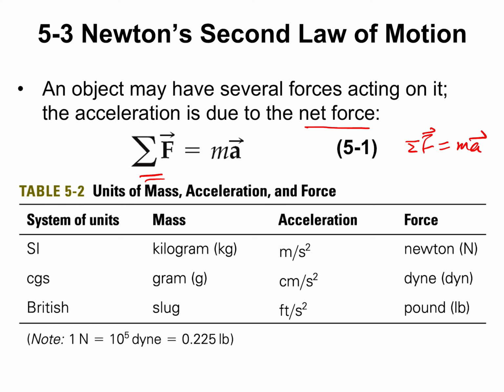Write that in a vector way, so acceleration, and this is net force. Net force equals m times acceleration. Because acceleration is a vector, net force must be a vector. What's the meaning of net force? Net force means you add all the forces together.